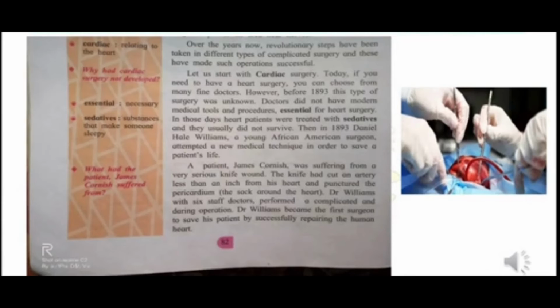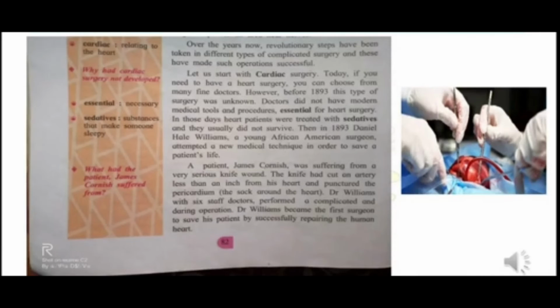Now, what is cardiac surgery? It is related to heart surgery, any heart problems. So the meaning of cardiac surgery is heart surgery. Today, if you need to have a heart surgery, you can choose from many fine doctors.